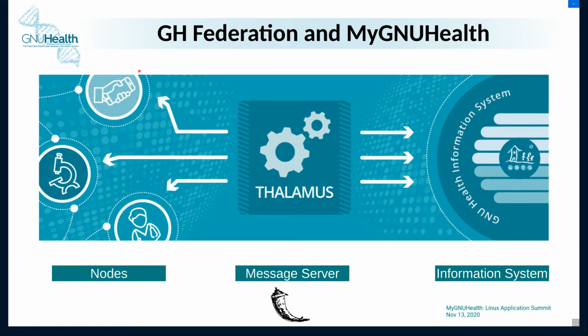What happens is you are going to have the possibility of setting up your GNU Health and saying, well, I want to be part of the system of health, right?